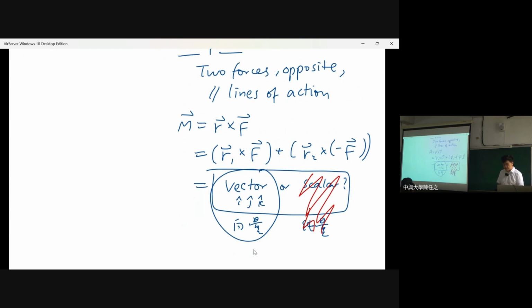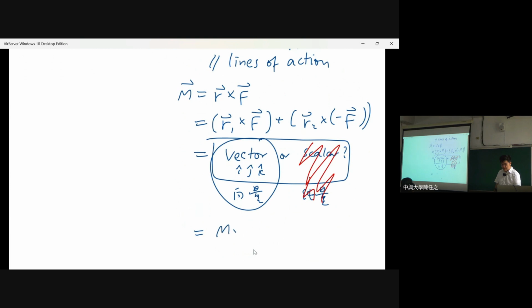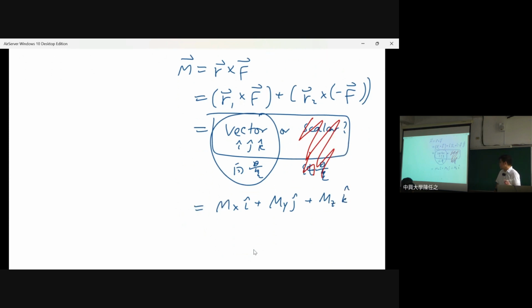Because after you get a vector, of course, this is mxi plus myj plus mzk, and then the next step, because I'm asking for direction cosines, is equal to m, and then cosine theta x i, cosine theta y j, and cosine theta z k.